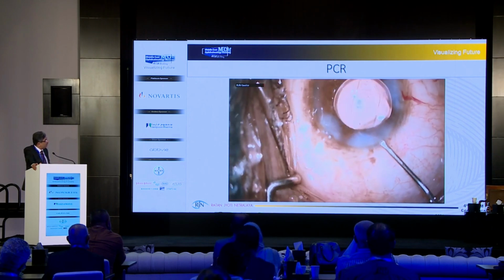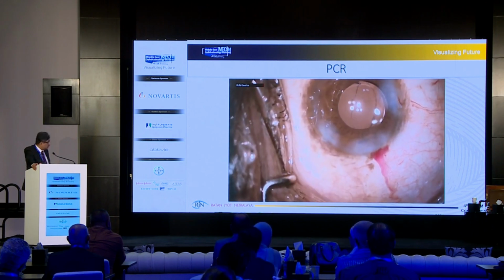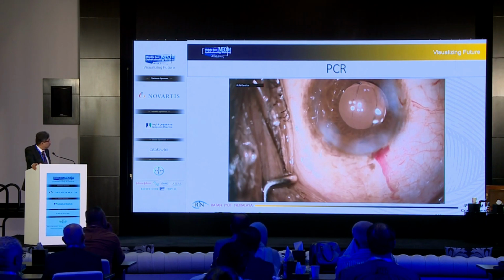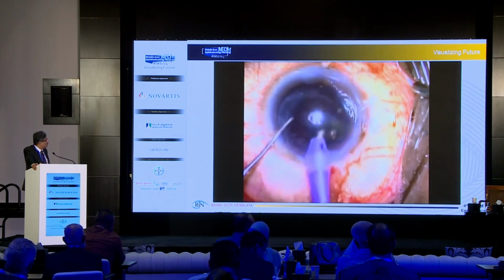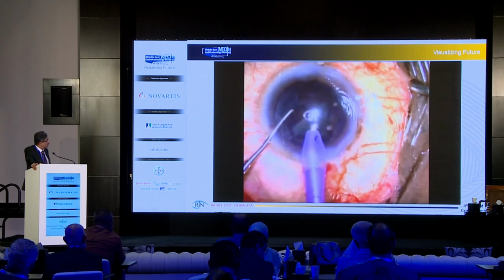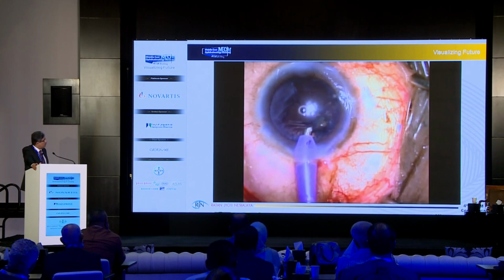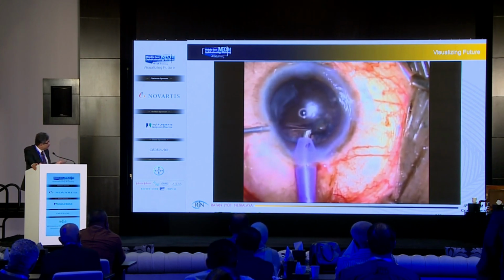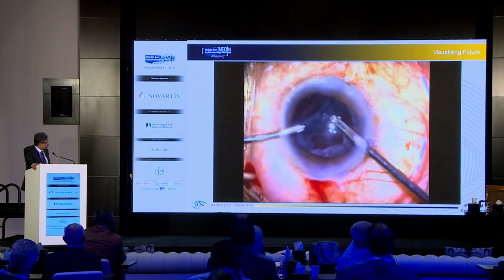and we placed a lens in the sulcus. So this is again a dense cataract. There is a presence of vitreous there, where there has appeared a rent. We have filled the chamber.